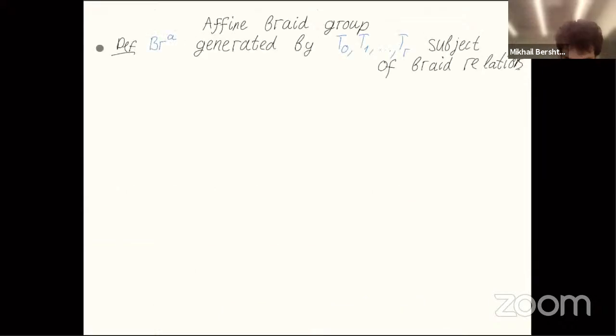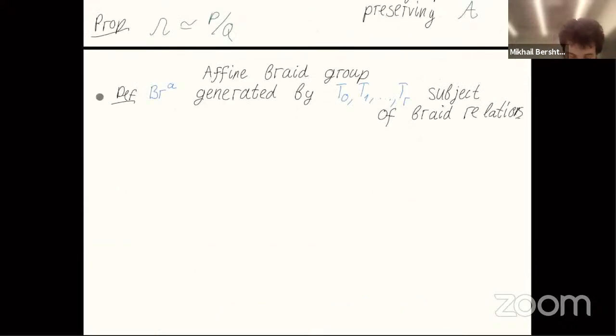Let me state the theorem, which is due to Matsumoto, I think, which is a key to the study of the braid group. So assume that we have an element w which belongs to the affine Weyl group, and this w has the following decomposition, and it's a reduced decomposition.